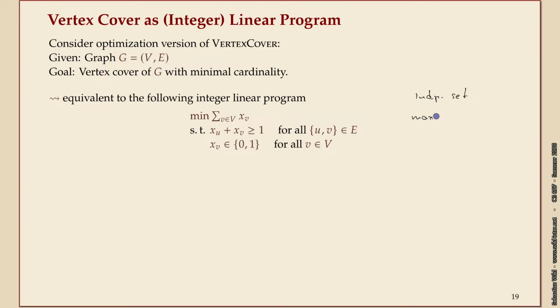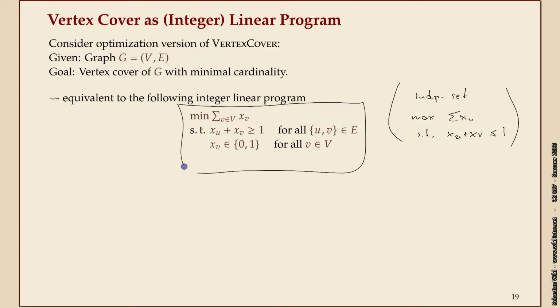It said maximize the number of vertices you pick, and the constraint was, okay, let's use u and v here, x_u + x_v was at most 1, as opposed to greater or equal 1. So they're really kind of doing opposite things. Okay, but that's beside the point, just because we talked about independent sets a moment ago. So forget about this, focus on the integer linear program for vertex cover.